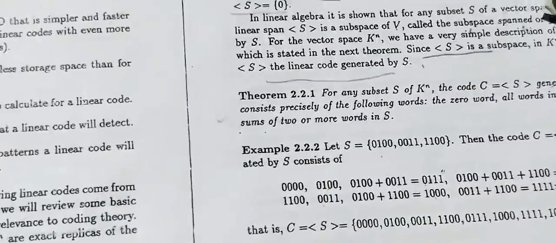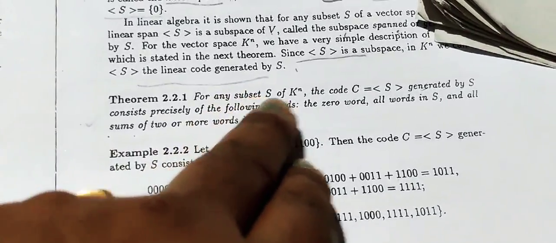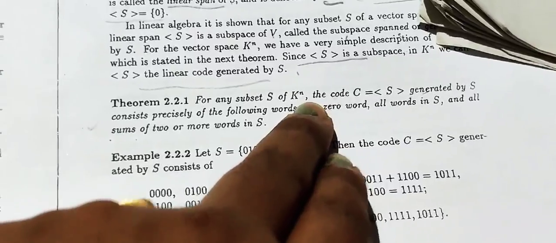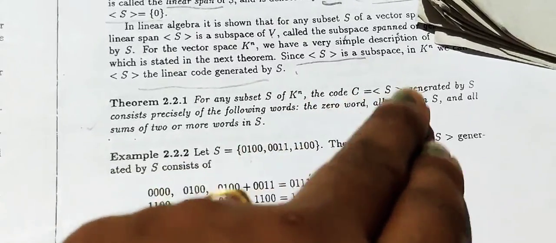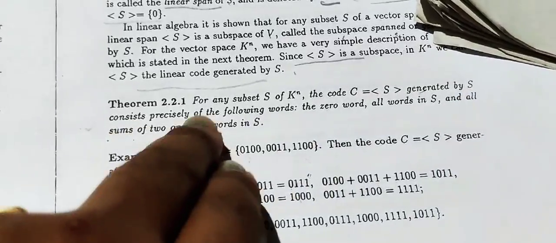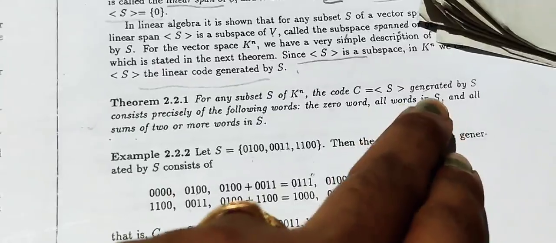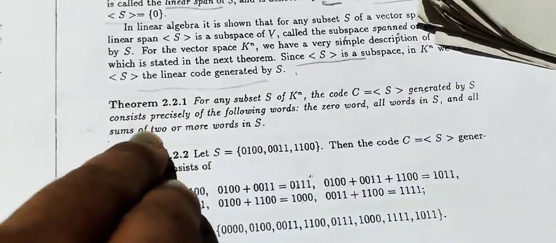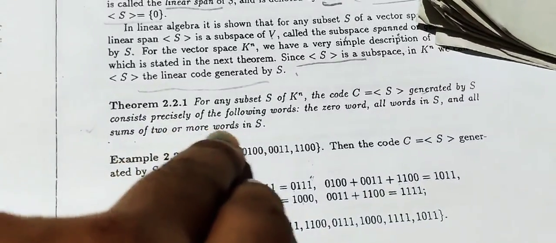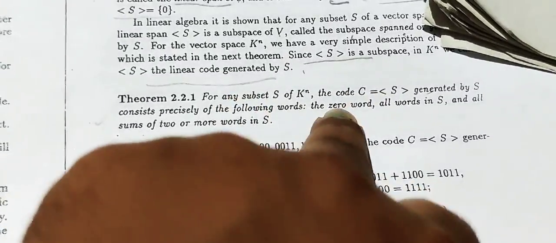So next theorem. You can see. Okay. For any subset S of K raised to n, the code C equal to span S generated by S consists precisely of the following words: the zero word, all words in S, and all sums of two or more words in S. So what is the theorem?